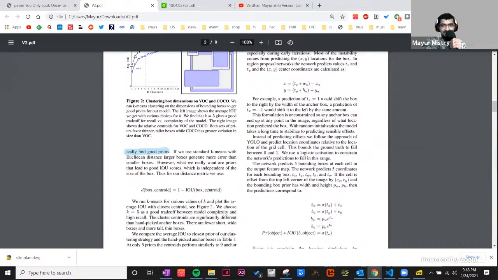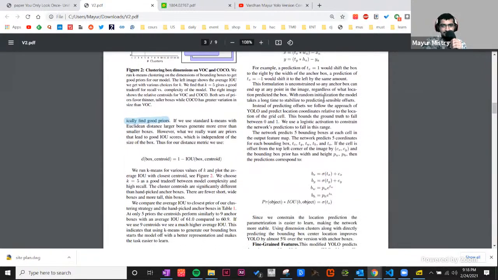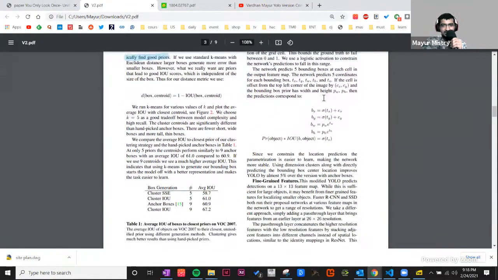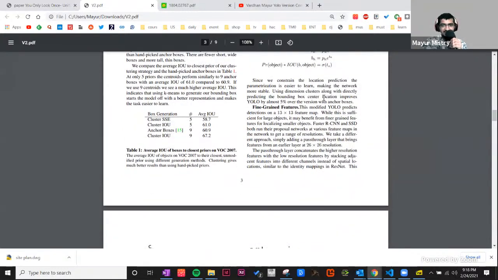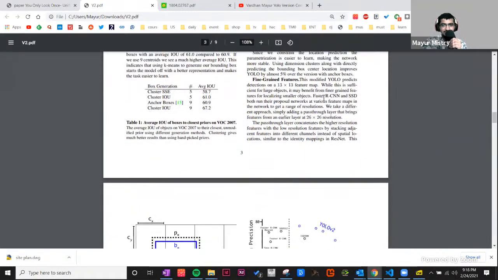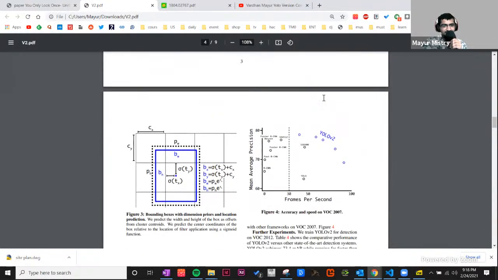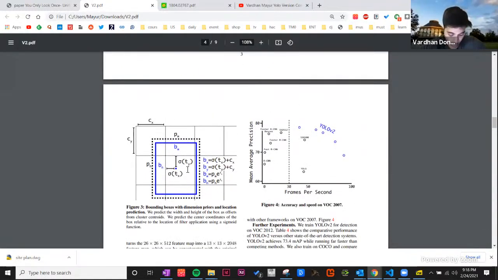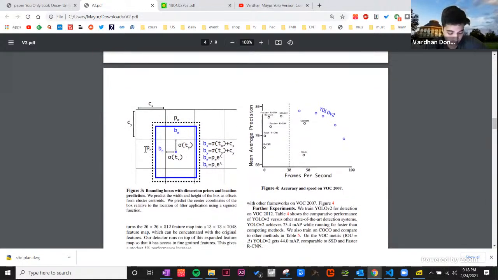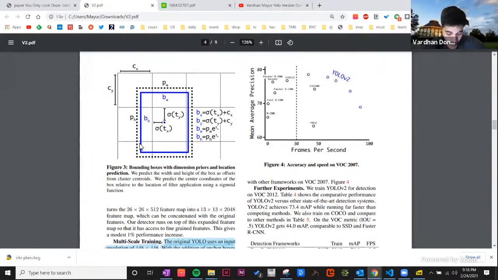Direct location prediction. You can stop me if there's any point which you want to highlight. I was just going to point out the way they were computing.